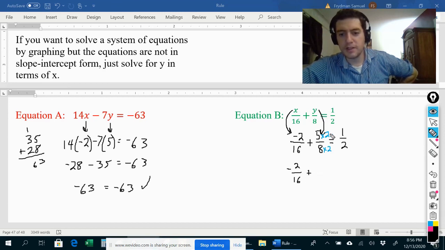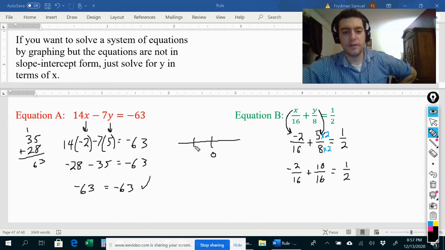-2/16 plus, let's see, 5 times 2 is 10 over 8 times 2 is 16. All right, so I got the denominators the same. Is this really equal to 1/2? Let's see. Now I can add the numerators. So -2 plus 10 would be 8. Think of a number line. Okay, if I start at -2 and then I add 10, which means I go to the right 10 spaces, 1, 2, 3, 4, 5, 6, 7, 8, 9, 10, I would end up at +8, right?